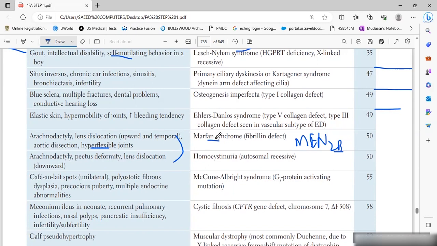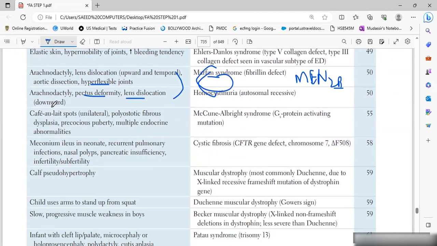The typical height will be high, and the proximal arm will be longer. Here you will have retinopathy, pectus deformity, and lens dislocation. In this case, lens dislocation will be downward, so that is homocystinuria. But the classic point in homocystinuria is increased risk of thrombosis, and neurological issues will be present. But in Marfan syndrome, there is no neurological issue, no developmental delay, and no risk of thrombosis. So that is the difference between them.